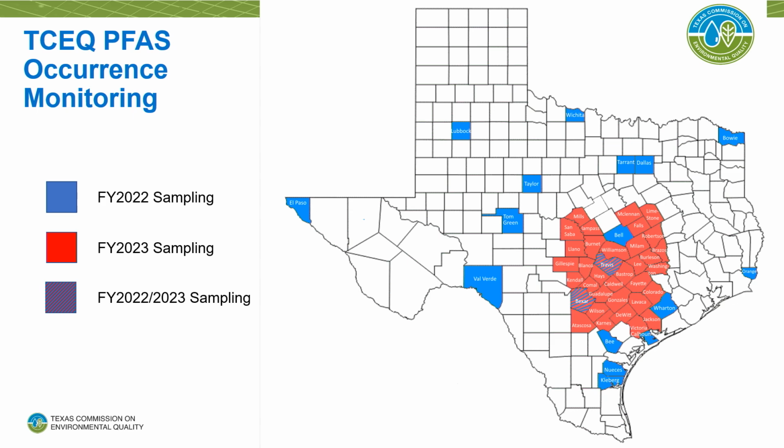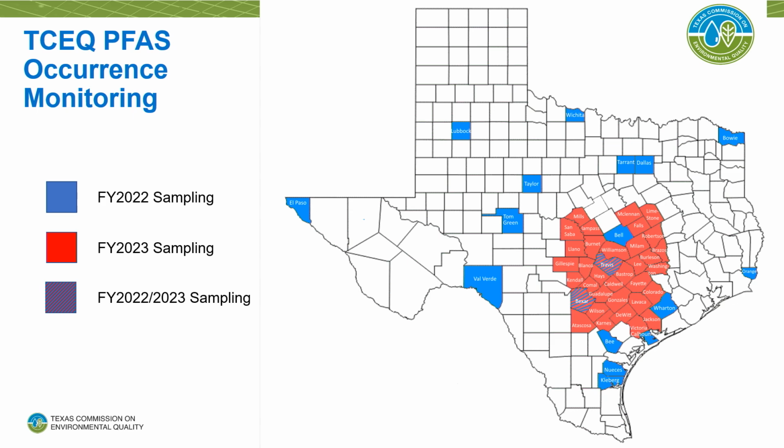So I just wanted to go over the TCEQ occurrence monitoring. As you can see, in 2022, it's more widespread over the state. And that's because with those we were pinpointing areas where we thought detections would be more likely. So those were more targeted sampling sites that were chosen.